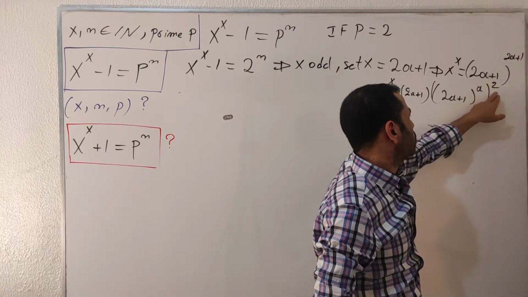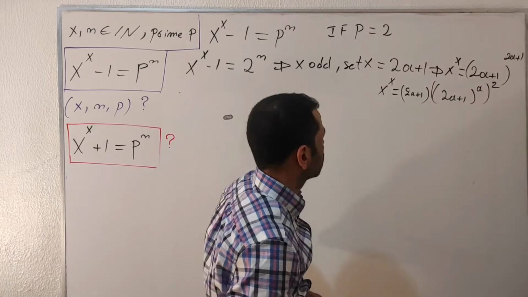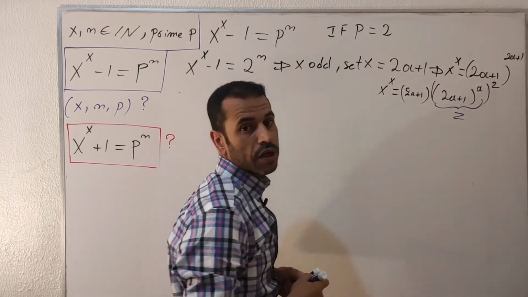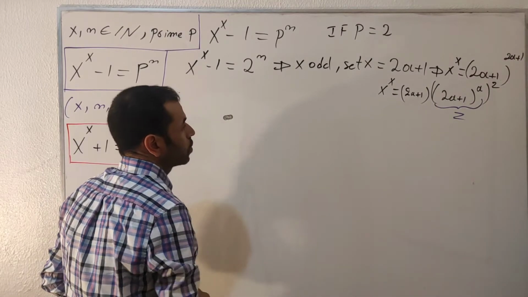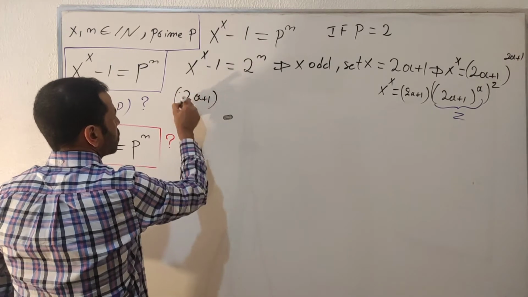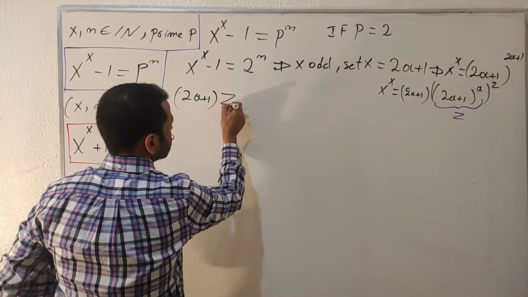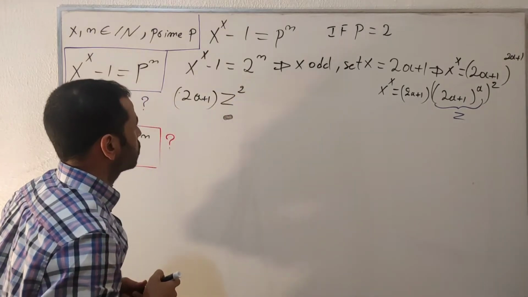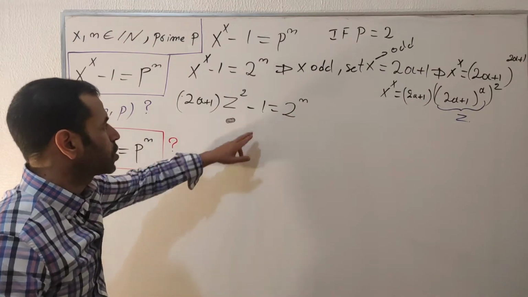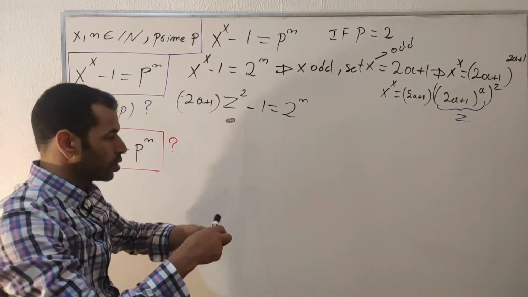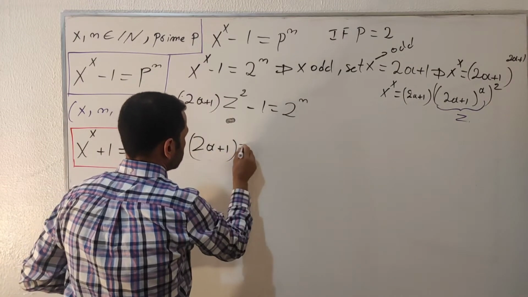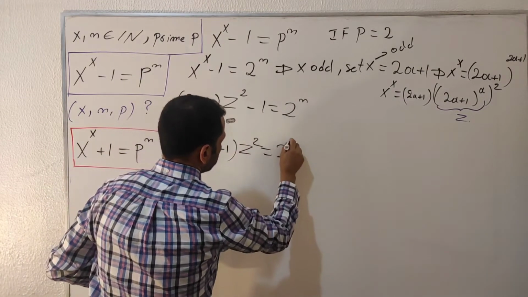By taking this 2 as an exponent, let's set all this term, including the a as an exponent, as z. So I will have 2a plus 1 multiplied by z squared, minus 1 equals 2 to the n. Now I'm simply going to move minus 1 to the right. I get here 2a plus 1 times z squared equals 2 to the n plus 1.